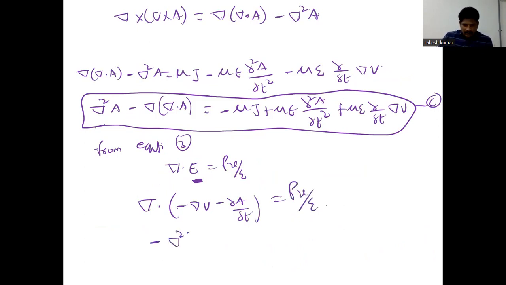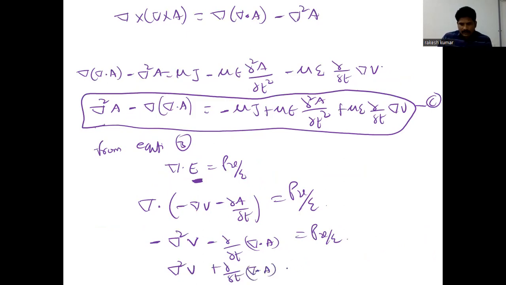So simply multiply that: minus del square V minus del by del t of del dot A is equal to rho V by epsilon. From this, del square V plus del by del t of del dot A is equal to minus rho V by epsilon.